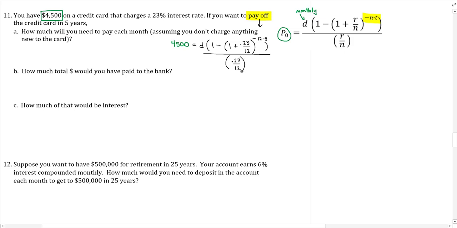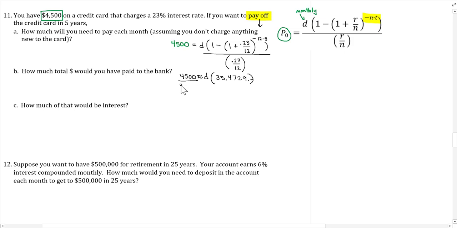And by the way, this assumes that you are not increasing your credit card spending. So you freeze your credit card spending and you just continue to pay it down each month. Let's go ahead and do everything on the right-hand side and see what we get. I get approximately 35.4729 on my right-hand side.